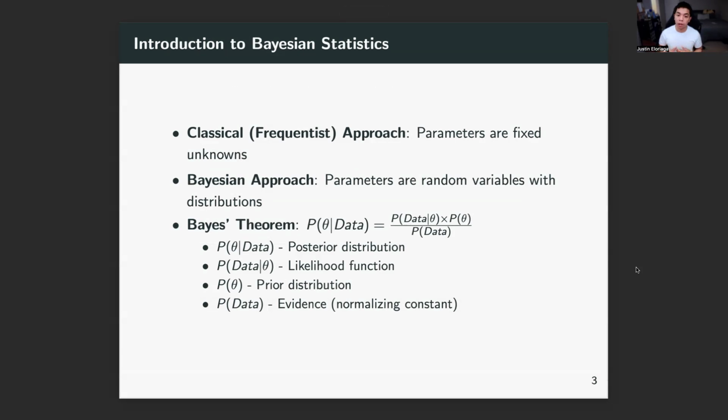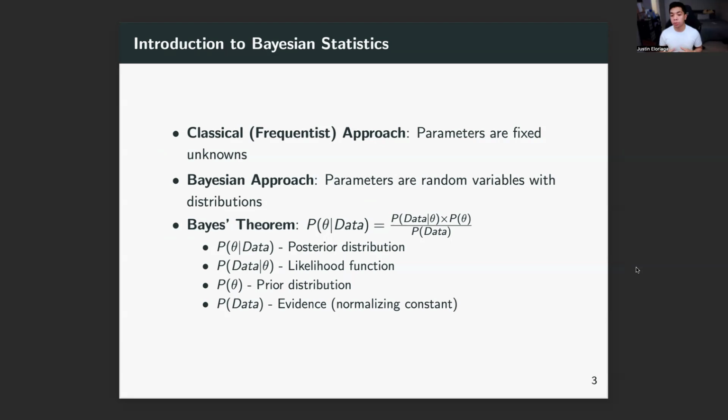For example, when we run a regression, the beta parameter is fixed and unknown. That's why we're estimating it. However, when we utilize the Bayesian approach, we treat the parameters as random variables. And because it's a random variable, it will have its own distribution.